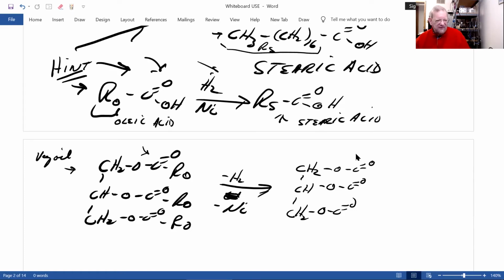Well, if you look up here, the double bond in the allyl group is hydrogenated, and R sub O becomes a stearyl group, R sub S. No double bond. So the answer here, and that is why you get hydrogenated fats and oils, which look like this.